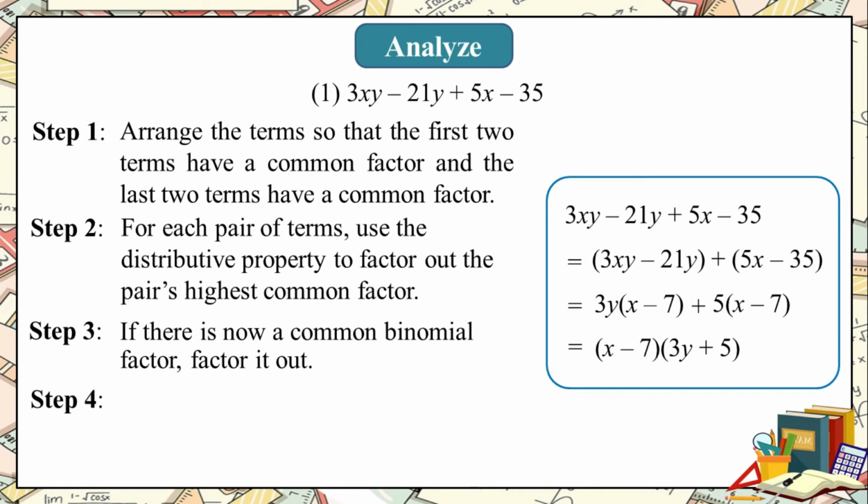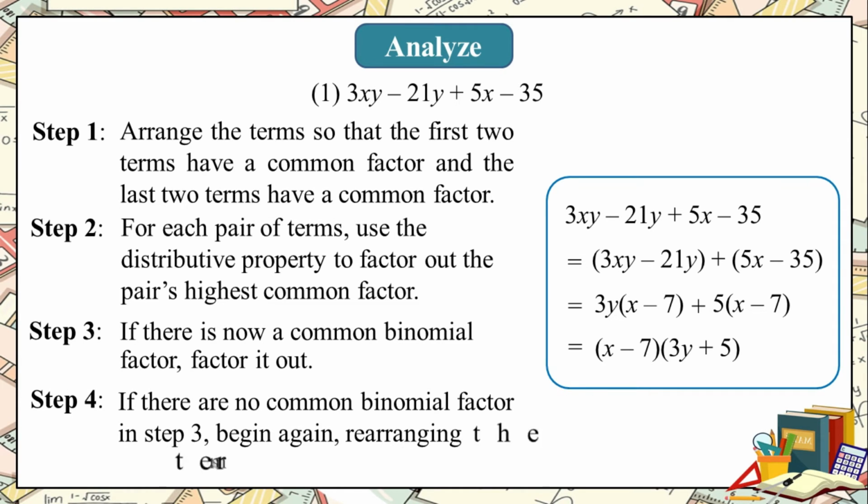And then finally, if there are no common binomial factors in step 3, begin again, rearranging the terms differently. Note that if no rearrangement leads to a common binomial factor, then the polynomial cannot be factored.